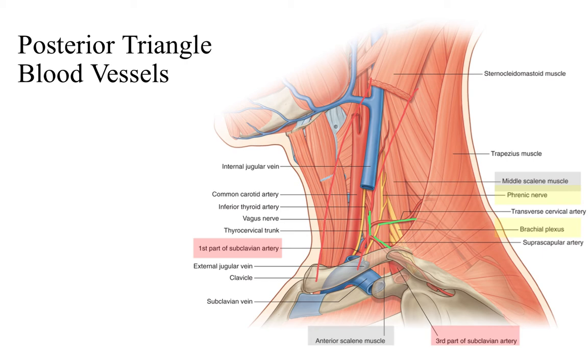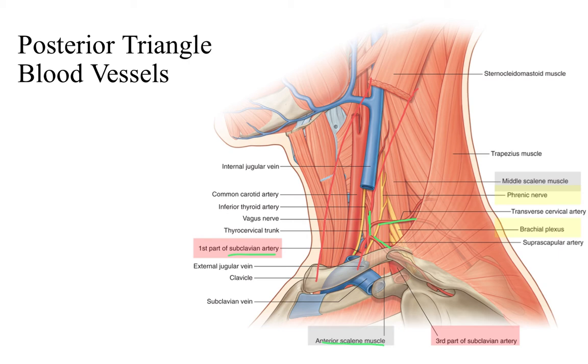All right, which then eventually goes to other branches that go to the neck as well as to the thyroid gland. And notice that all of those arteries that we just mentioned traverse superficially to the anterior scalene muscle, as well as the middle scalene muscle. Remember back when we were talking about the axillary artery and it had different parts? It turns out that the subclavian artery also has different parts.